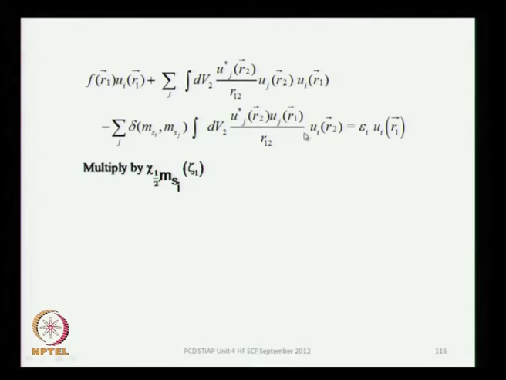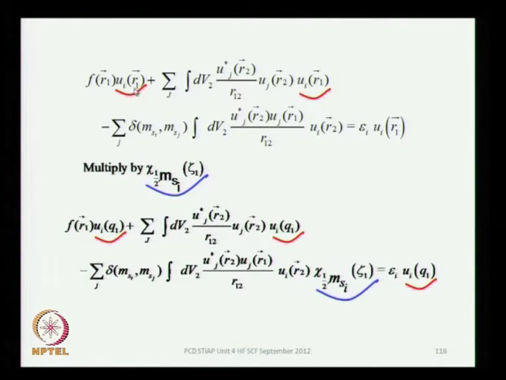So, what we will do is first multiply this whole equation by this spin function. When you multiply this term by the spin function, what do you get? You get the complete spin orbital. This is the orbital part, you have multiplied it by the spin part, you get the complete spin orbital, and therefore, the argument is written as q1 instead of r1. r1 is just a set of 3 space coordinates, q1 is a set of 4 coordinates corresponding to the 3 space coordinates and 1 spin coordinate.